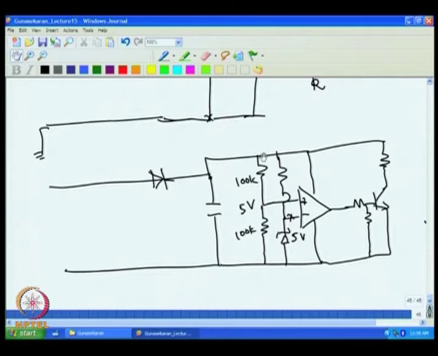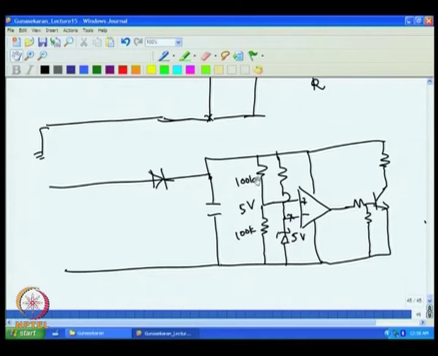And if this voltage increases and goes more than 5, then output will go high and more current will go and this will reduce. So eventually, by this mechanism, if I keep this one at 5, this will also remain at 5. Since these two resistors are equal and the current flowing through this is negligible, the voltage at this point is 5, means this has to be 10, because the voltage across this and this has to be the same, and the voltage across this 5 and this another 5, so you will get 10 volt.